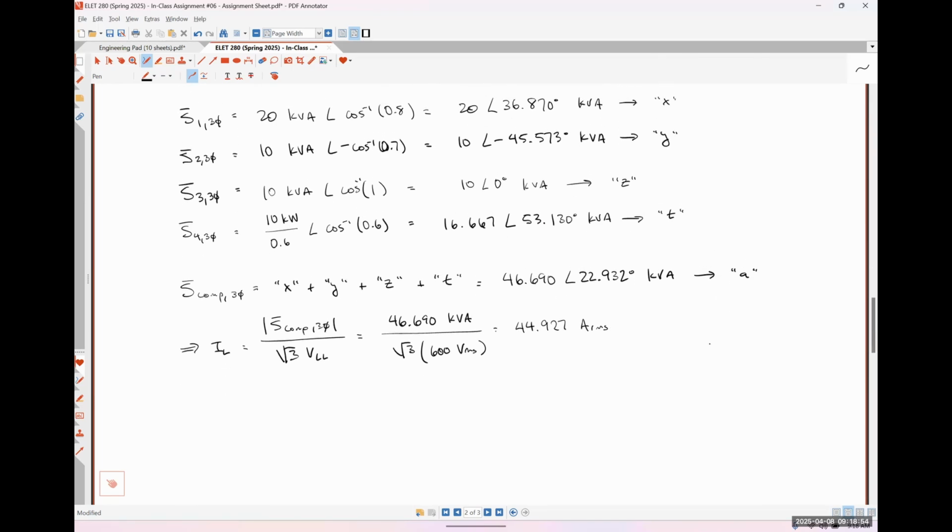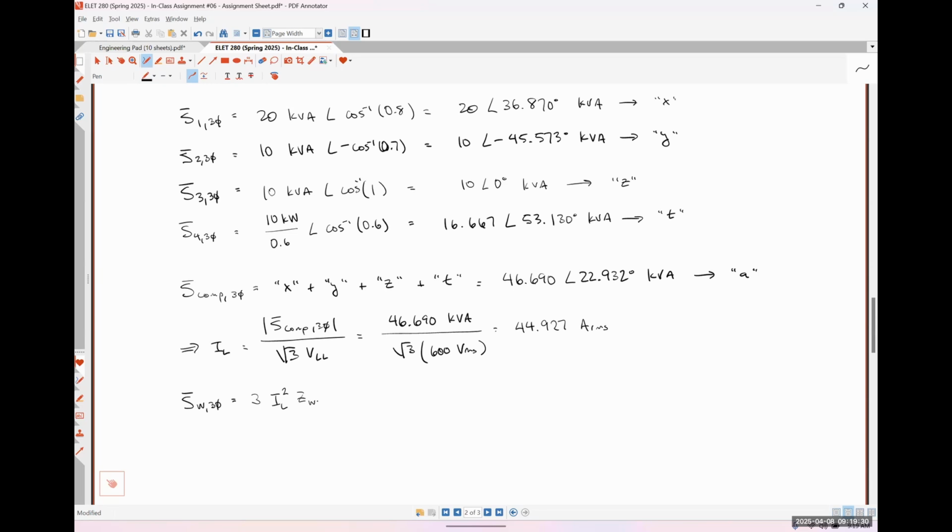And from here, the complex power absorbed by our transmission lines is going to be 3 times IL. Actually, I don't even need to put magnitude absolute values there because we're already dealing with a magnitude. 3 IL squared times ZW, where the 3 comes from the fact that we are dealing with a 3-phase system, right?